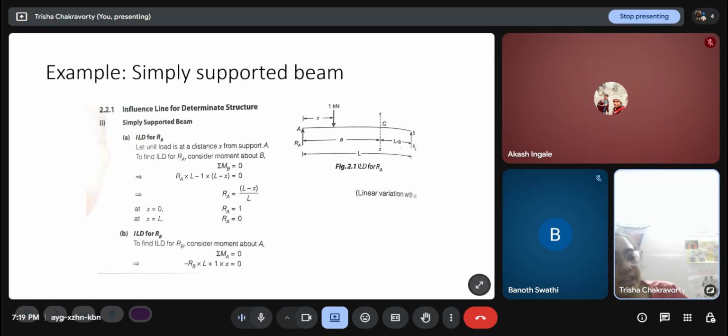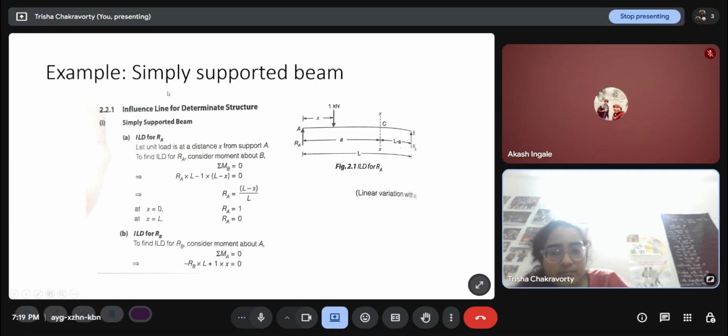RA into L in the clockwise sense, minus 1 into (L minus X) in the anticlockwise sense, because from the point of action of this load to B, this length is L minus X, and this is in the opposite sense. So RA into L minus 1 into (L minus X) is 0. From that we get RA is (L minus X) by L.